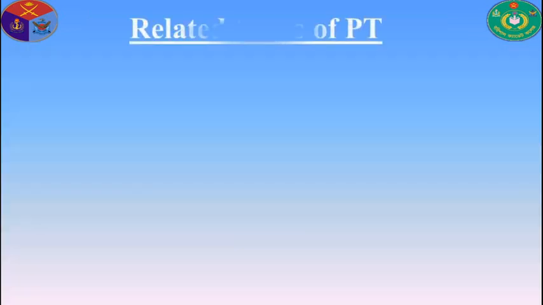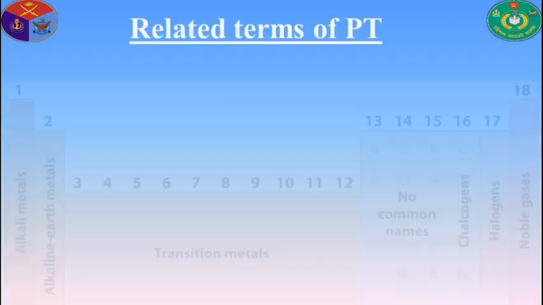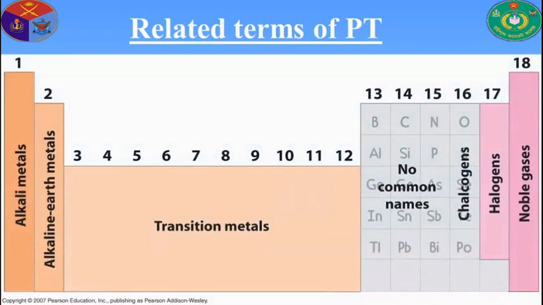Now we will move to the final terms of the periodic table, which include alkali metals, alkaline earth metals, transition metals, chalcogens, halogens, and noble gases.